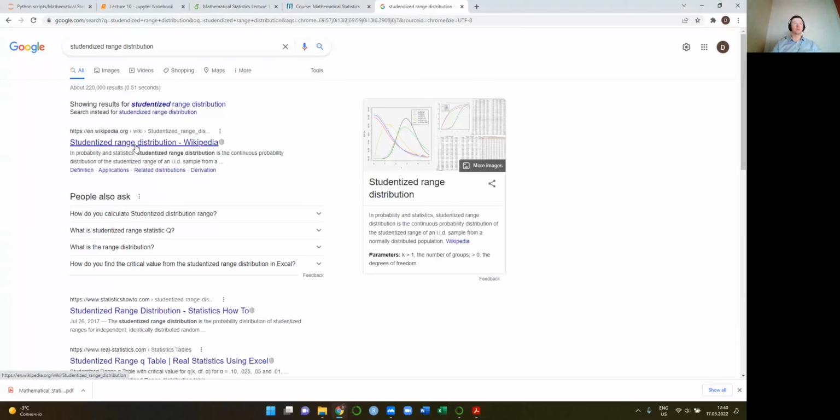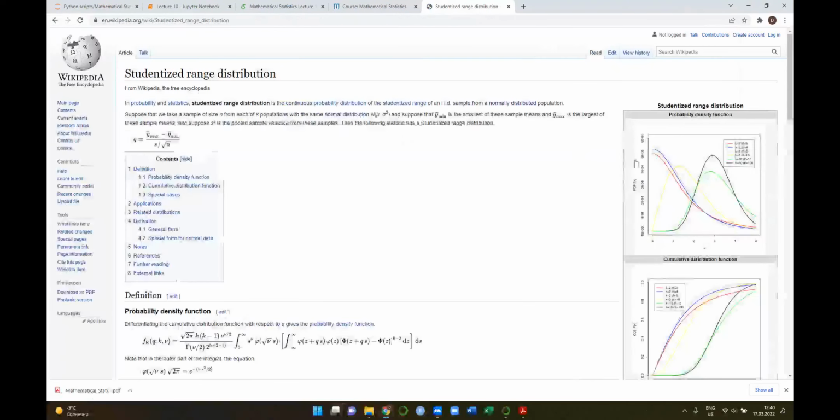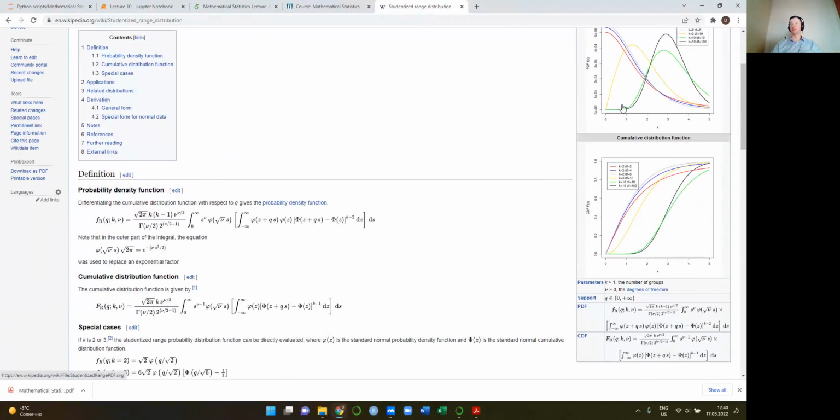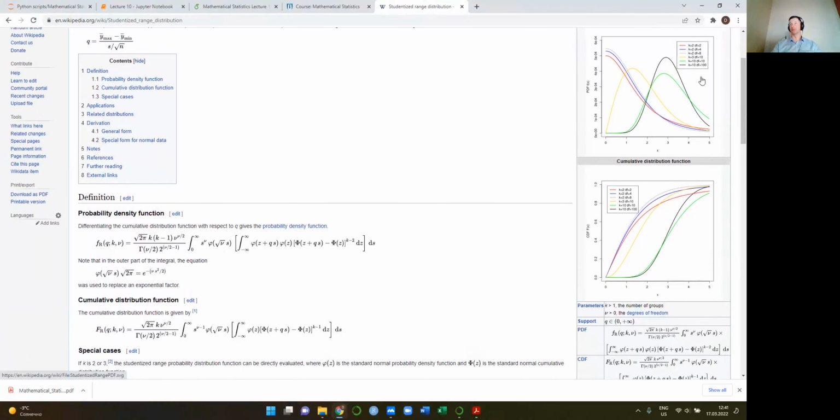Yeah, it's here. You see that this distribution for different degrees of freedom is always positive, and it looks like a weird thing. For small degrees of freedom, it looks like this half of bell, and then when the number of degrees of freedom increases, we have these skewed bells and so on.